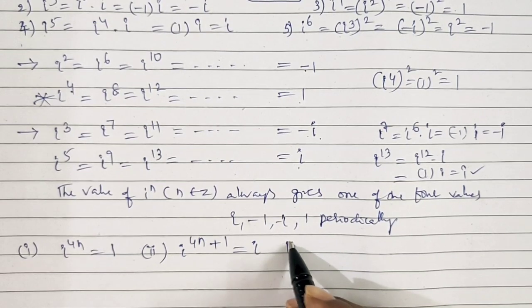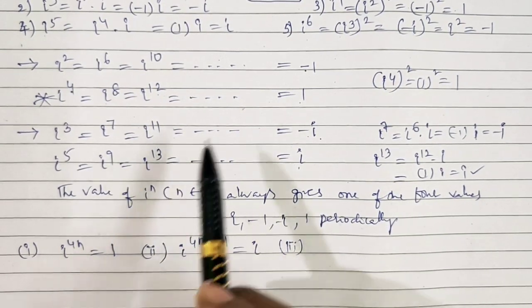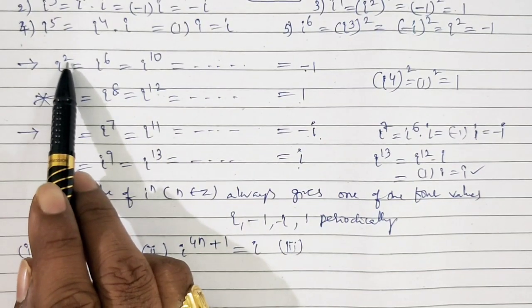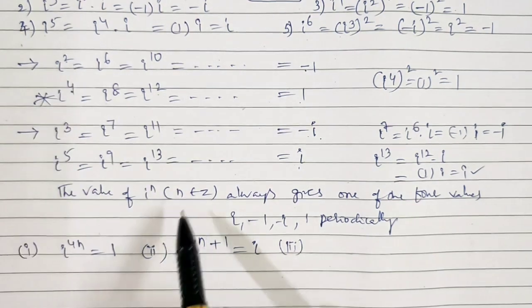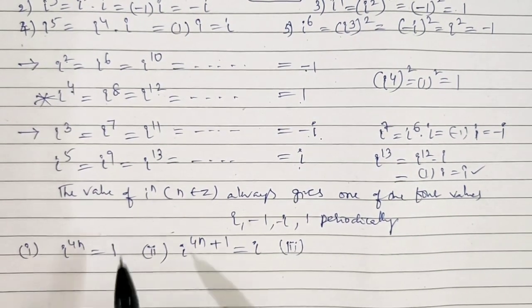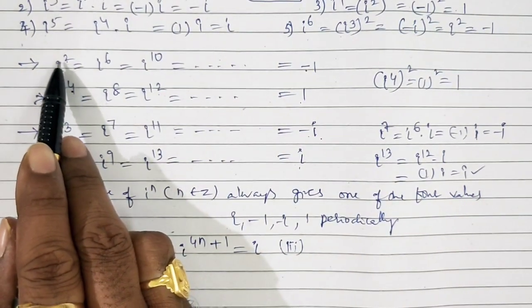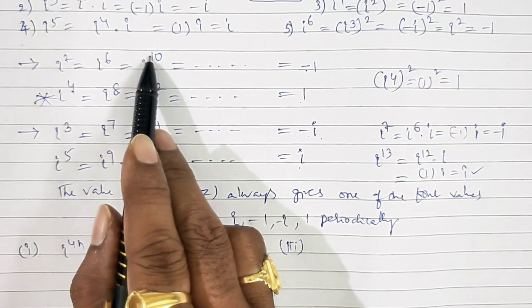Now if you take the third one, i power 4n plus 2. Here n is an integer, as we have discussed, n belongs to Z. So this can be written as 4 into 0 plus 2, 4 into 1 plus 2, 4 into 2 plus 2.